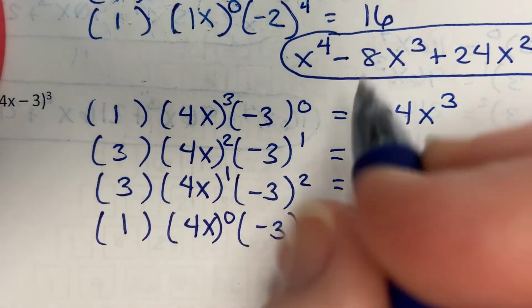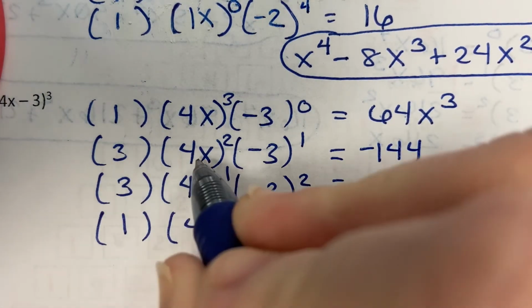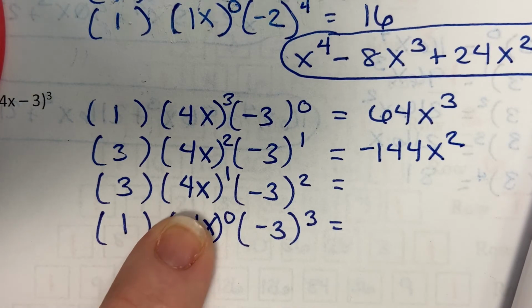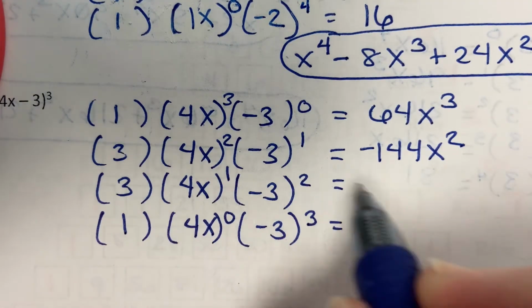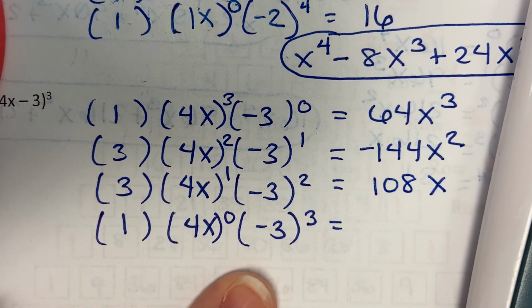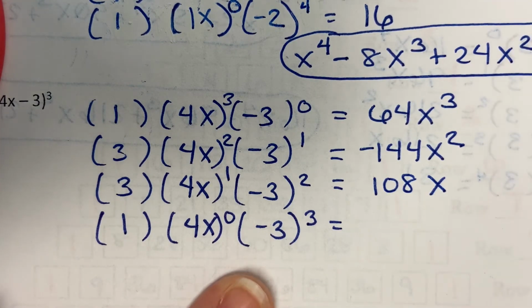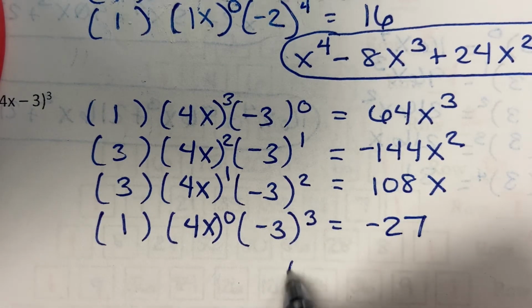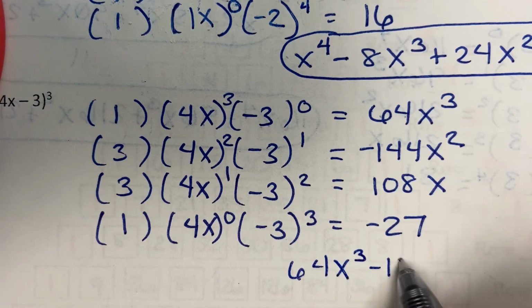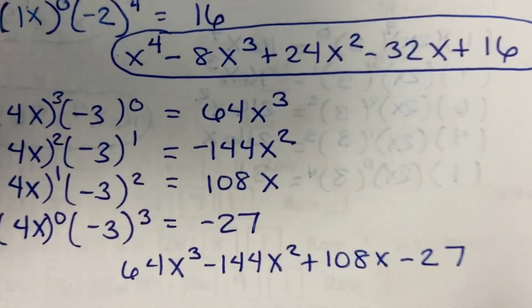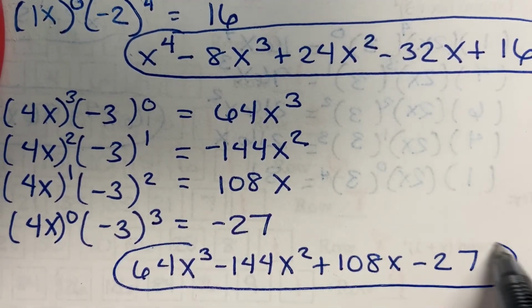But I got -144, and then it'll be x squared. Do it again, and I'm going to get +108. And then do it again, and I get -27. All right, so I would end up with 64x cubed minus 144x squared plus 108x minus 27. All right, and then that is that binomial expanded.